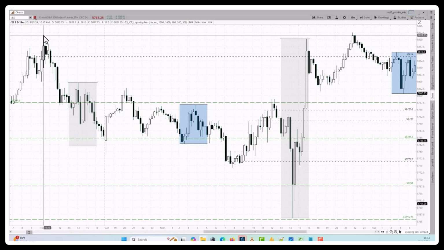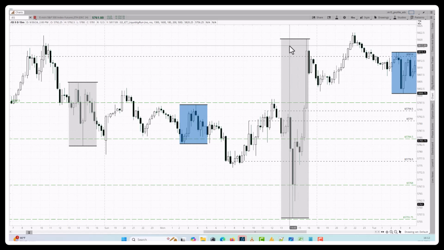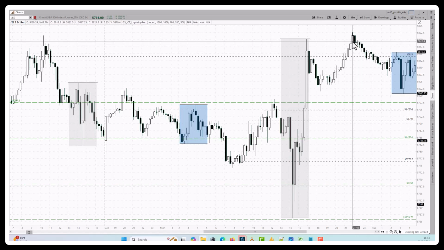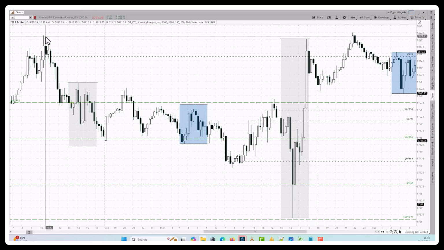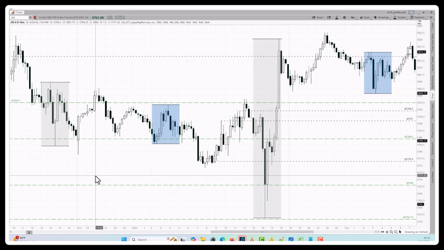It did not hit this high in the New York PM on Friday, but in the Asia session, it did hit that level. Very interesting right there. Okay, so it goes above that level. So basically it raided the sell side liquidity of the pivot day.